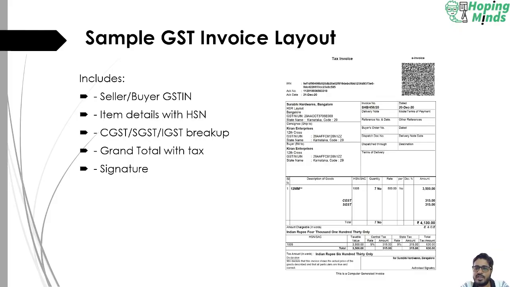Then invoice number, date, description of goods, HSN or SAC code, quantity, rate, then discount percentage, and the final taxable value. At the bottom, we have the bifurcation of HSN or SAC code under CGST and SGST. So this invoice contains all the details as required by the GST.